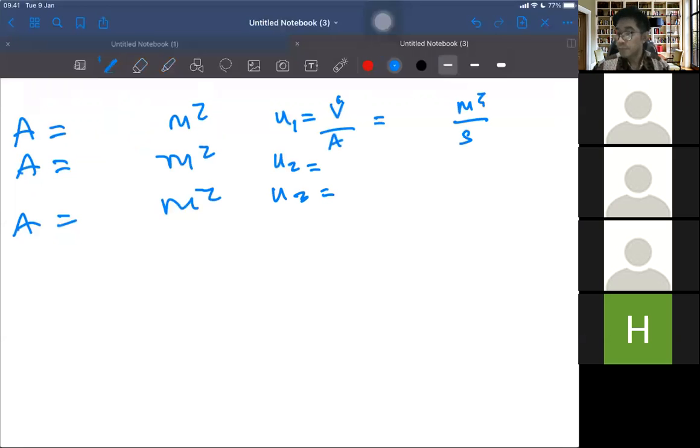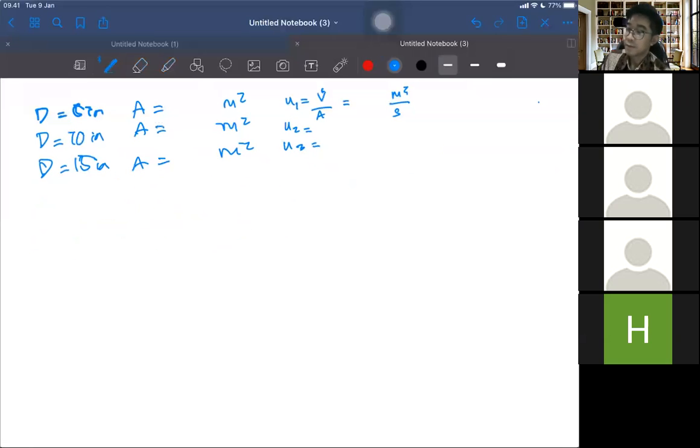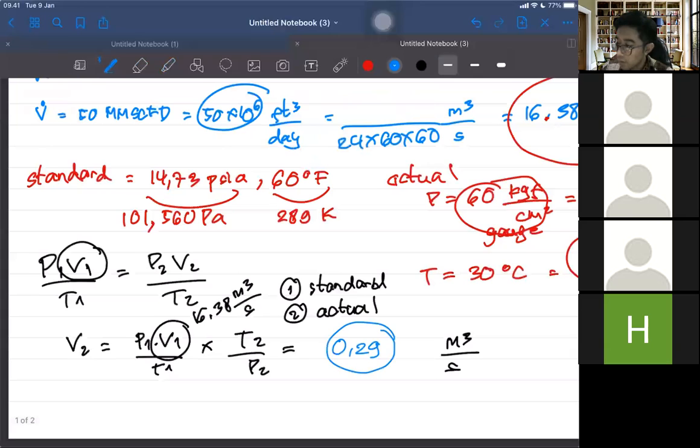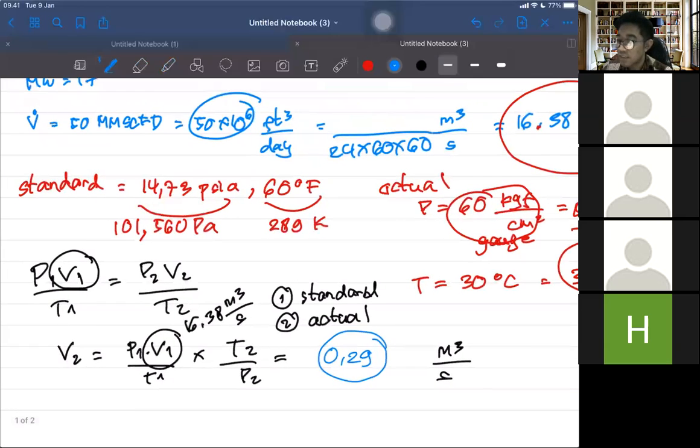How much? The volumetric flow rate is 0.29, sir. Okay. Did you already calculate, right? Yeah.